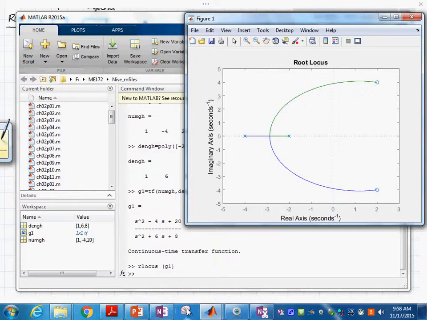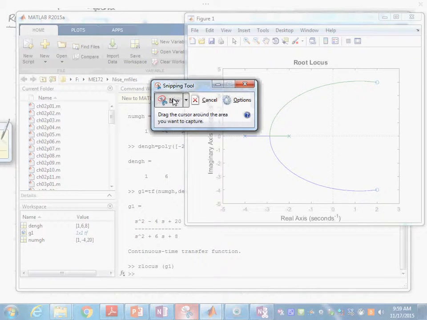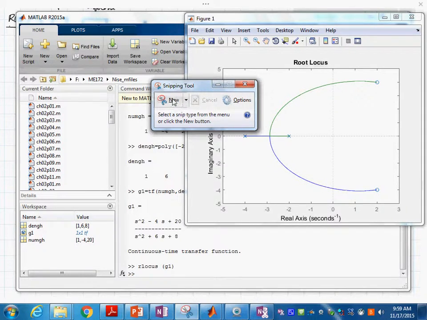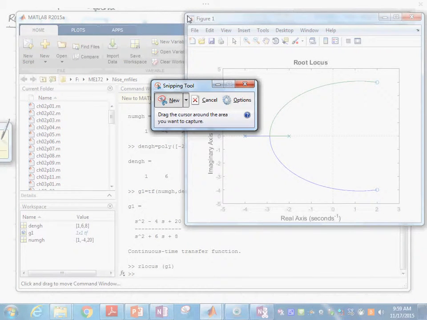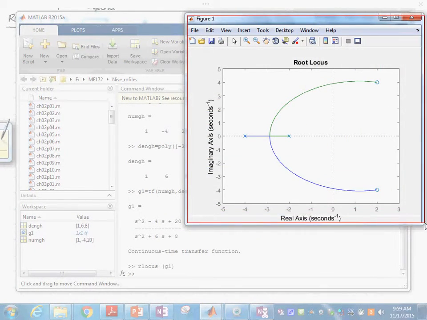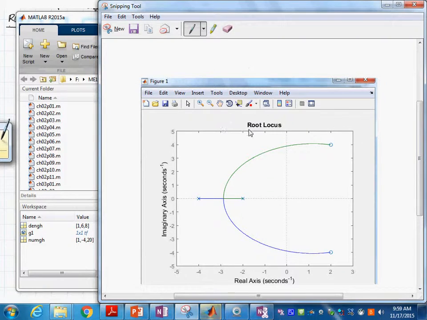Let's see if we can actually get this so that I am able to write on it. Okay, there we go. So these are the zeros here, and these are the poles. See, this comes from the numerator, and these come from the denominator.